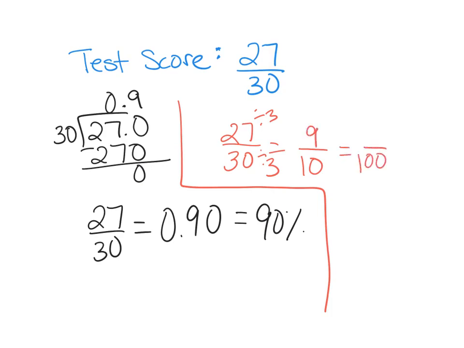When I set that equal to 100, 10 times 10 gives me 100. So 9 times 10 gives me 90, which I know 90 100ths is written as a decimal as 90 100ths. And then that becomes 90%.